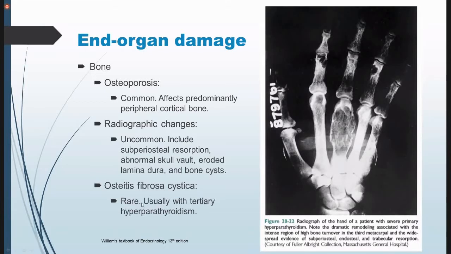It is actually a brown tumor, and the picture you see in the hand here, in the third metacarpal, is a kind of osteitis fibrosa cystica, because here the resorbed bone is now getting replaced by fibrous tissue, which becomes autonomous, grows on itself, and becomes a tumor. Usually this condition is found in a very advanced hyperparathyroidism, like tertiary hyperparathyroidism.